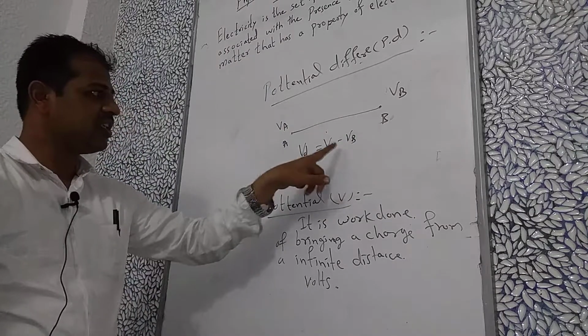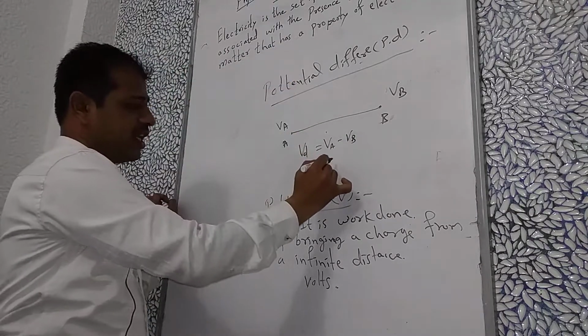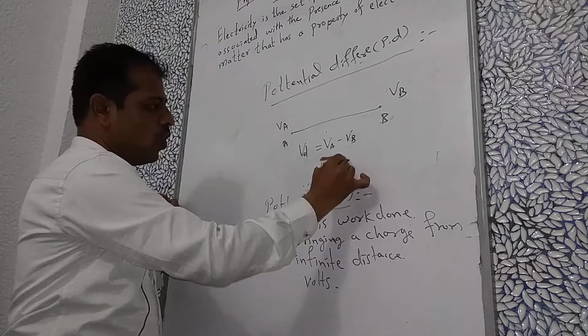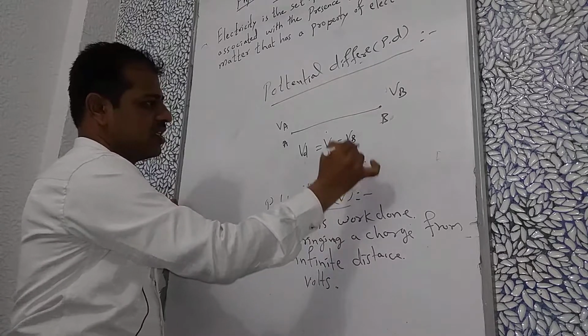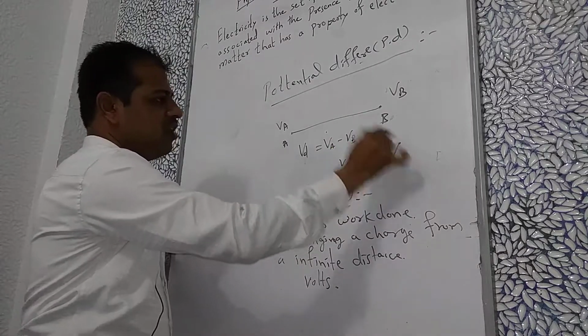The SI unit of potential difference is volts, or capital V.